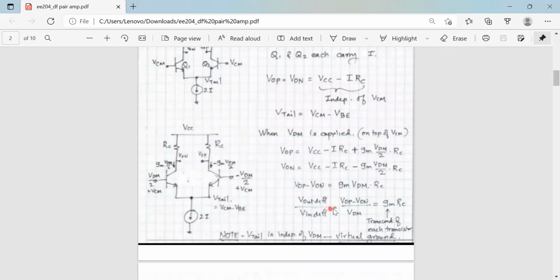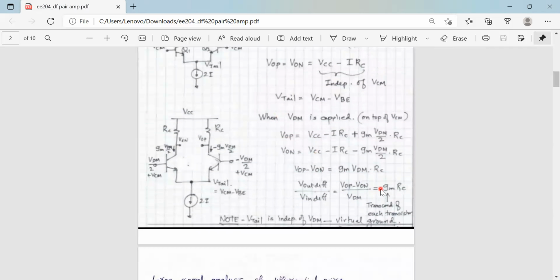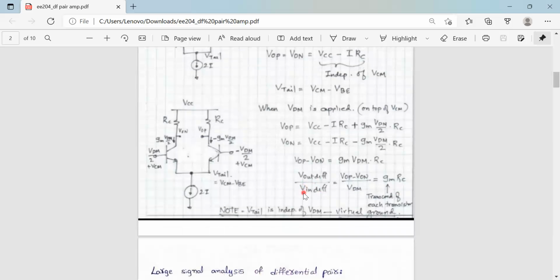We get VOP minus VON is equal to GM VDM RC. So Vout differential by Vin differential is GM RC. The gain for the differential voltage is GM RC.